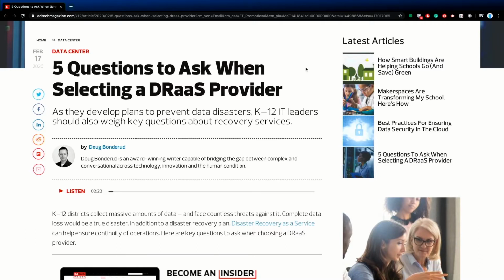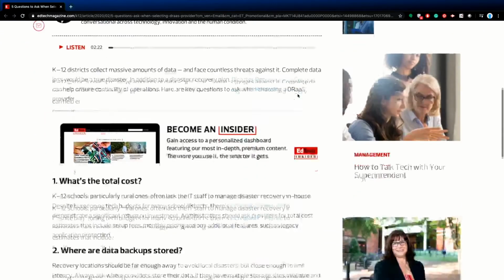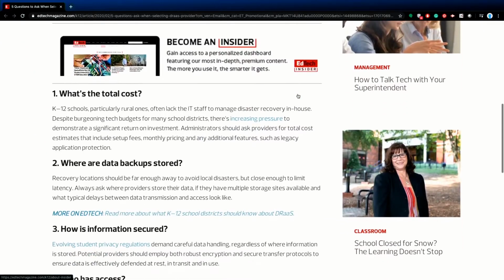So how can you still get those disaster recovery needs answered while maintaining your budget and normal operations? There are a lot of disaster recovery service providers out there, and this article speaks to how you should go about selecting one and some of the good questions you should ask.